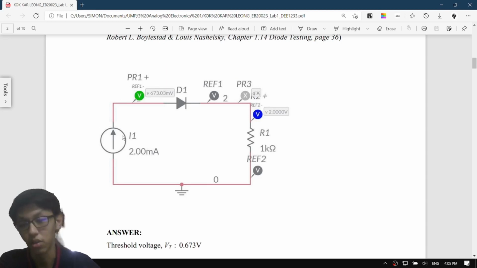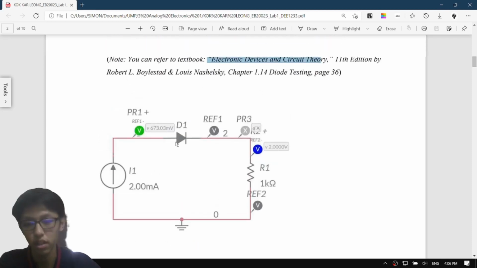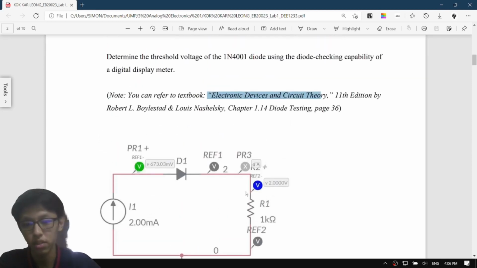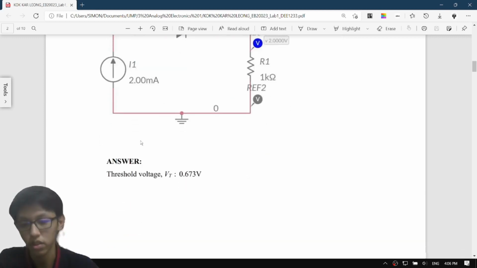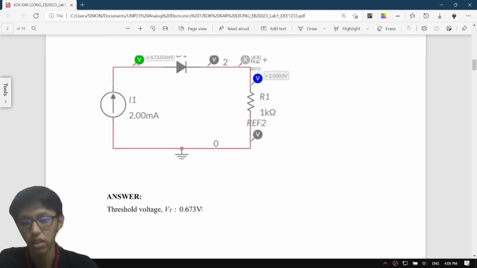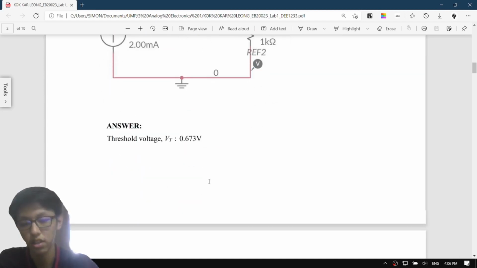First, we put a 2 milliampere current into a diode, and this is in a closed loop circuit. So we simulate this in Multisim Live. Measure the voltage here, and we get 0.673 volt. So the answer, the threshold voltage Vt is equal to 0.637 volt.